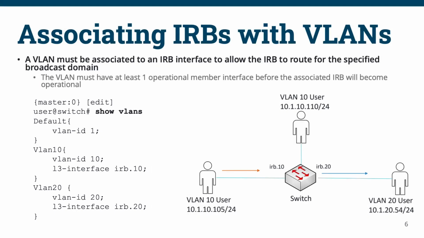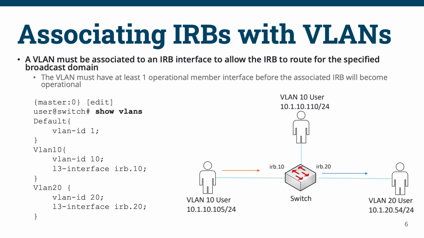It should be noted that a single IRB interface cannot be associated to more than one VLAN. As mentioned up here, the VLAN which the IRB is associated with must have at least one operationally up member in order for the associated IRB interface to also be in an operationally up state.